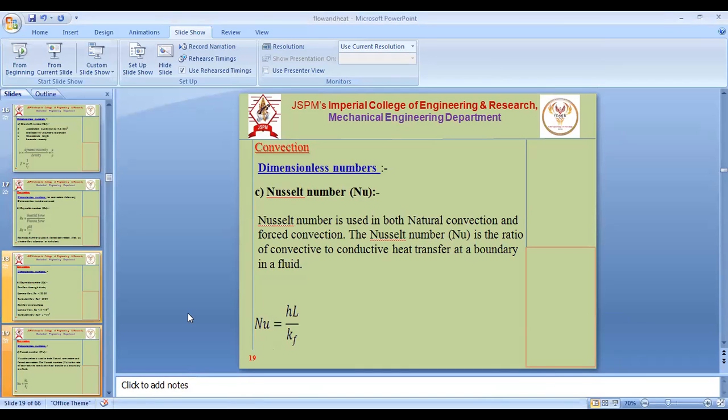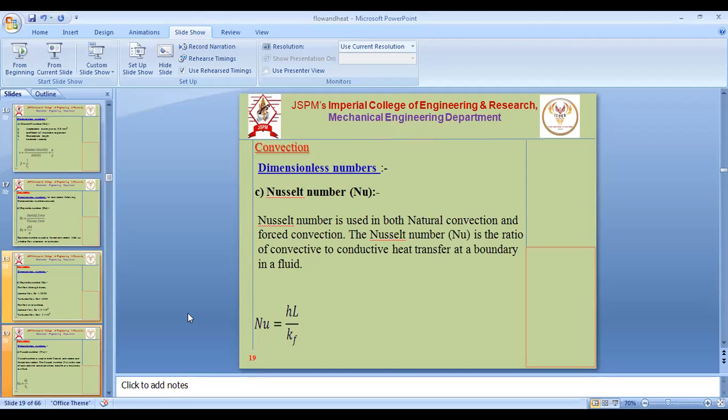Now comes dimensionless numbers, like we saw the Reynolds number and the Grashof number. Why do we go for dimensionless numbers? Because if you use variables, then we require a large number of experiments. So to reduce the number of variables, we combine the variables with dimensional analysis and get dimensionless parameters.